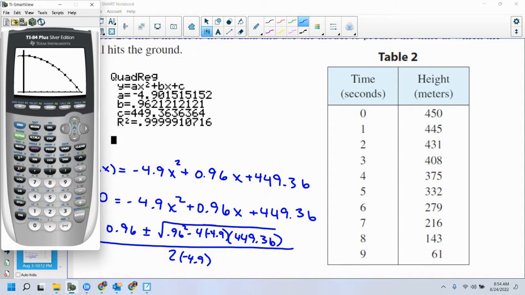When does the ball hit the ground again? What is the value when it hits that x-axis? So I can hit second calculate, 0. Now it's going to ask me left bound, right bound. So I go somewhere to the left. Click. Then I've got to go somewhere to the right, which I need all the way back down here.